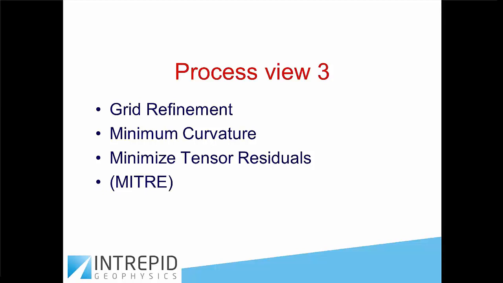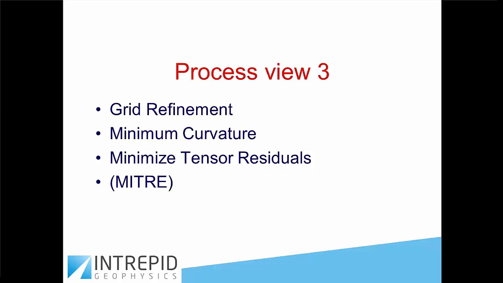The recent invention of the MITRE method, which is minimizing tensor residuals, we recognize that the minimum curvature method, the physics of that is based on the Laplace condition from tensor arithmetic.